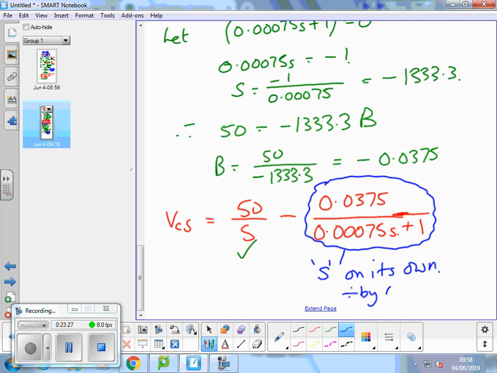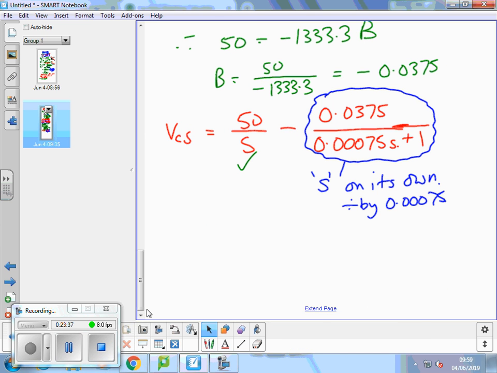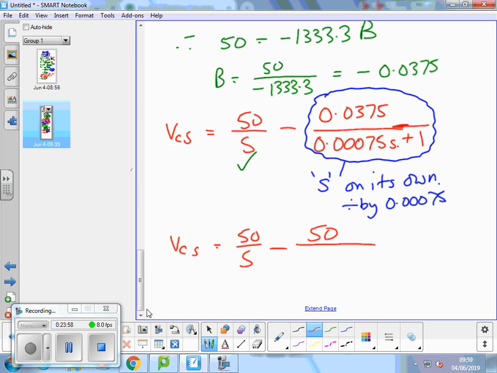Divide by 0.0075. If we do that, we get S on its own. We end up with VC in the S domain equal to 50 over S minus 50 over S plus 0.02.